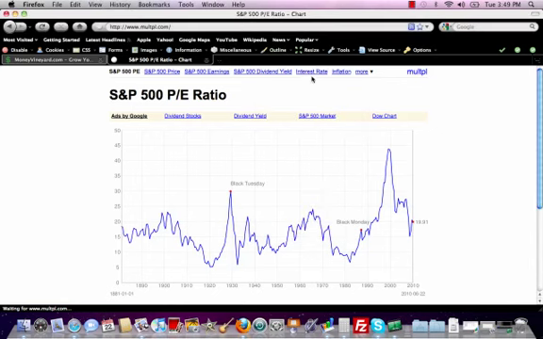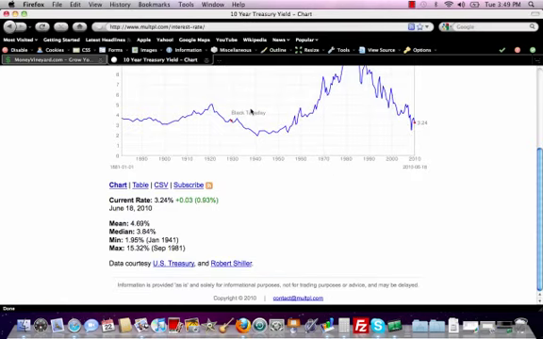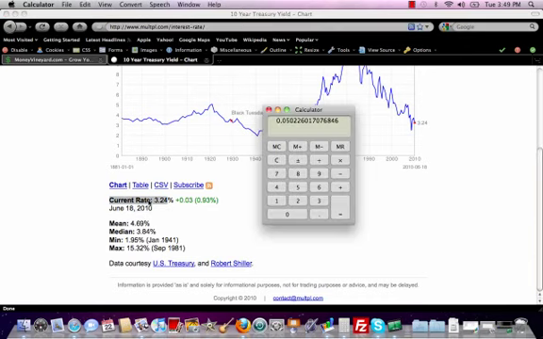Now you compare that to the interest rate, your interest rate yield, and right now that's 3.24. Stocks don't exactly yield 2 times as much as bonds right now.